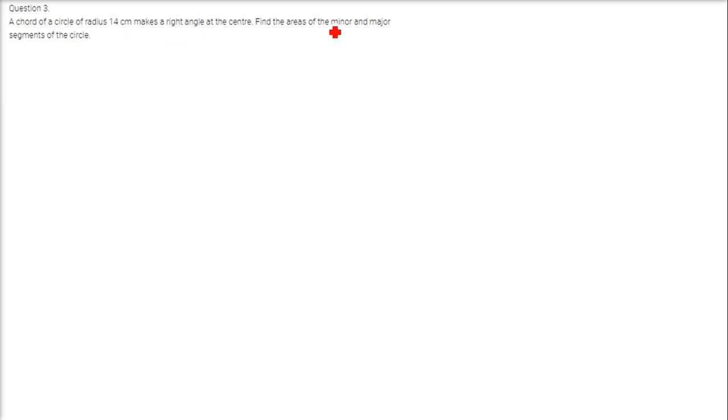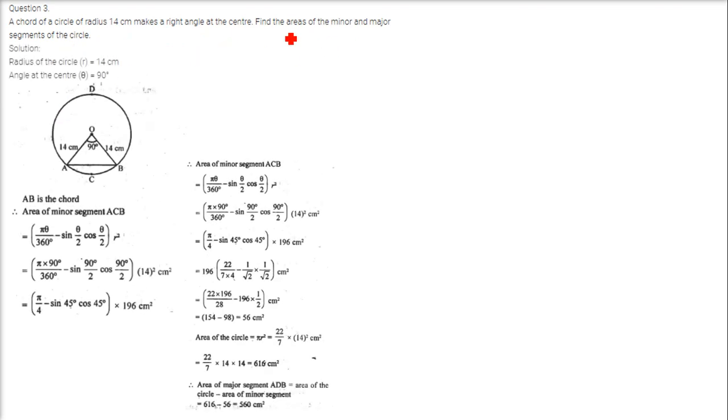A chord of a circle of radius 14 cm makes a right angle at the center. Find the areas of the minor and the major segment. So here we have to find the major segment also. First we will find the minor segment, this one, and we know the formula. The minor segment area will be equal to theta by 360 into pi r square minus sine theta by 2 cos theta by 2 into r square, so theta is 90 degrees here.